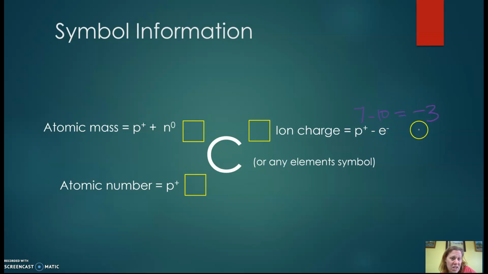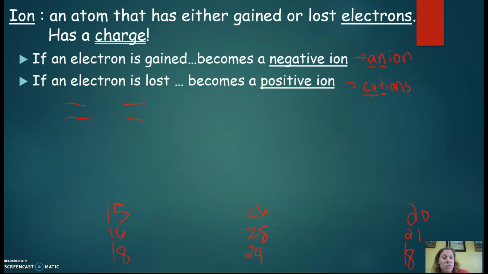Rearranging the equation, charge plus electrons equals protons, but I'm not going to rearrange. I just think of it in terms of positives and negatives. If it's positive, you have more protons and fewer electrons. If it's negative, you have more electrons. Never change the protons. Okay, back to the chart.